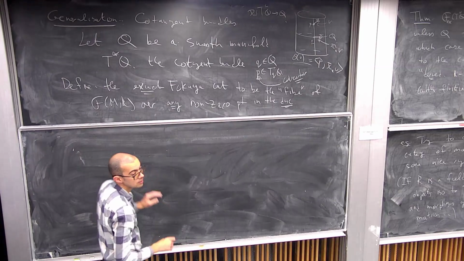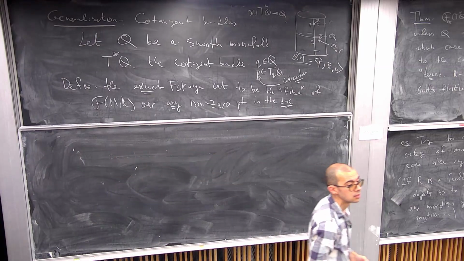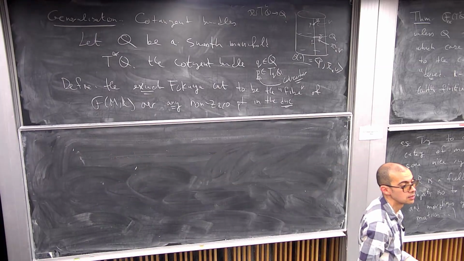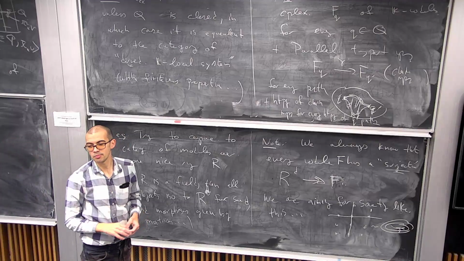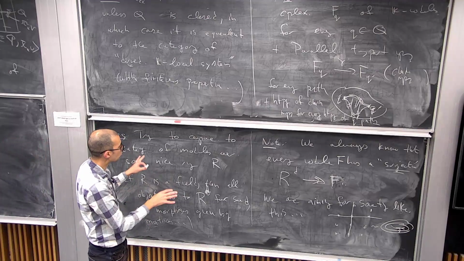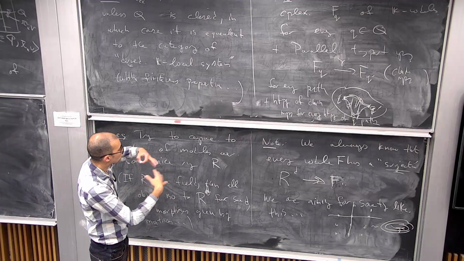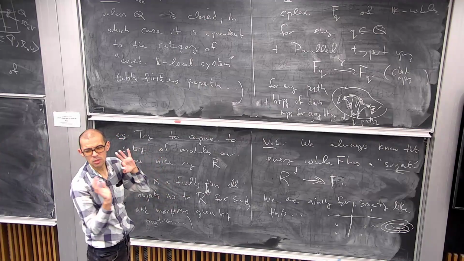What happens if you just take the category of local systems on a non-compact manifold? Does it have any symplectic interpretation? Yes, it absolutely has a symplectic interpretation. It's much better to say this for something with boundary.